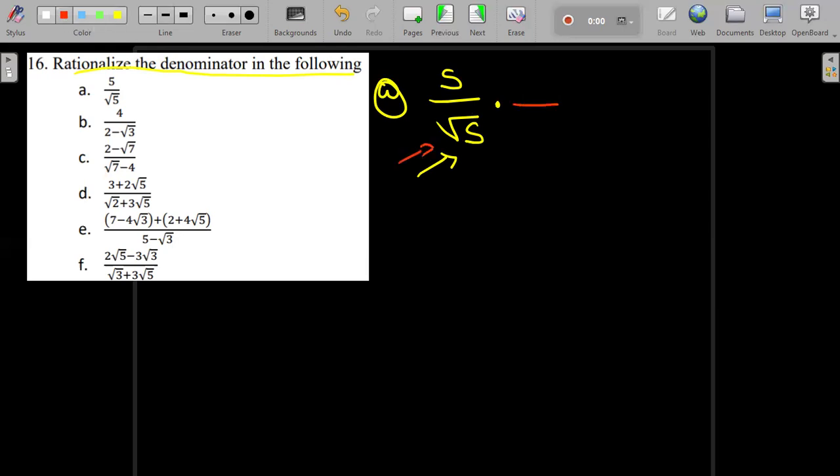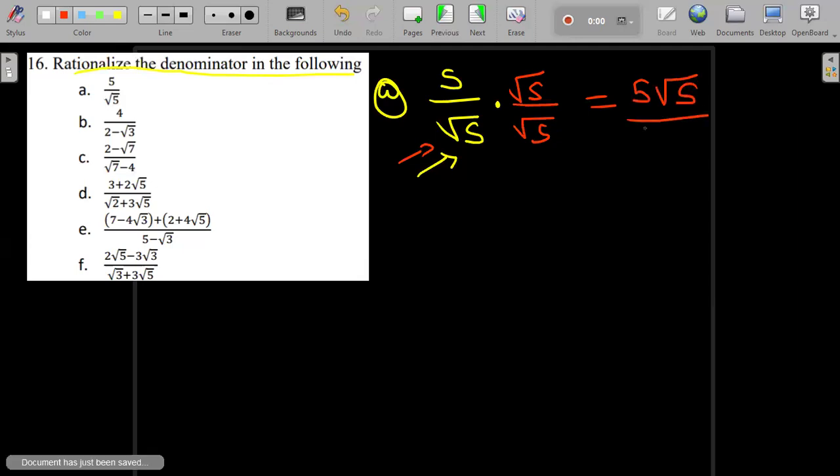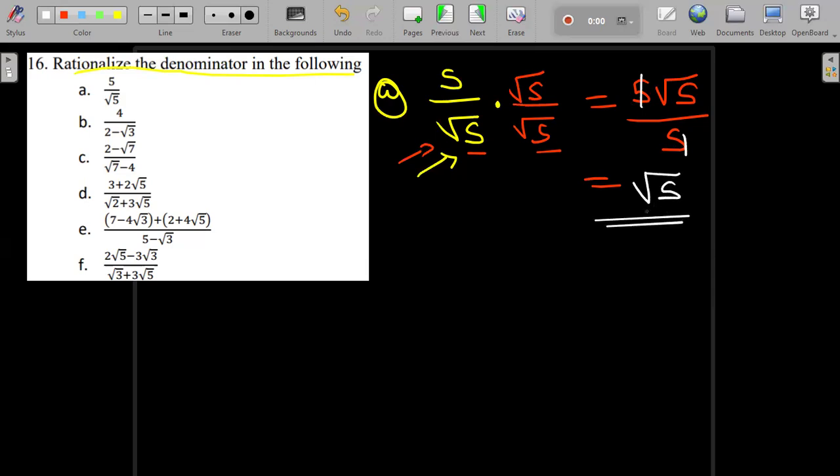So we're going to multiply that by the root of 5, and even on top here, we're going to multiply by the same. This is going to give you 5, and then root of 5. And then down there, it's going to be root of 5 multiplied by root of 5, which gives me a 5. So this 5 can cancel out with the 5 on top. So your answer will just be root of 5. That's the answer on the first one.